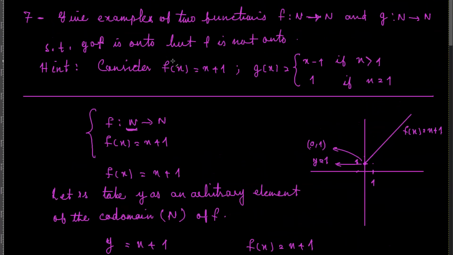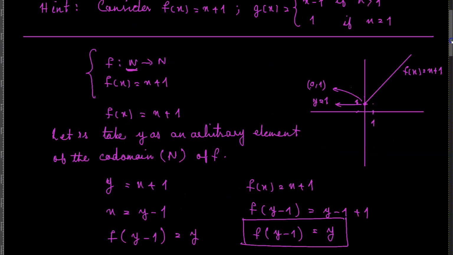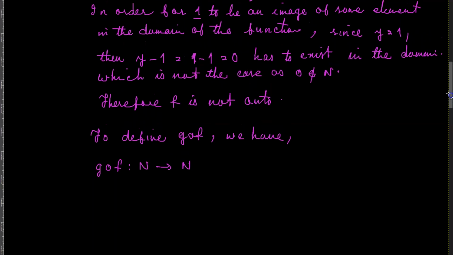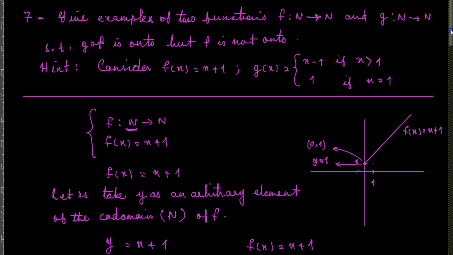Okay, so now to define the function g∘f, first of all, let me write down the function g. g is a function from n to n, if I'm not mistaken. Yes, and it is x minus 1 and 1.